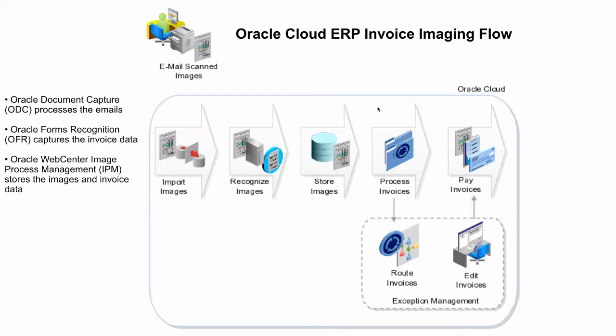Once the document has made it through the document capture process and essentially converted into an invoice, the next step is for the solution to route that document into the invoice processing system for processing. Now, once it goes into invoice processing, it's basically the same as what would have happened when you were doing keying, in that the document can be routed for approvals, it can be routed for edits.